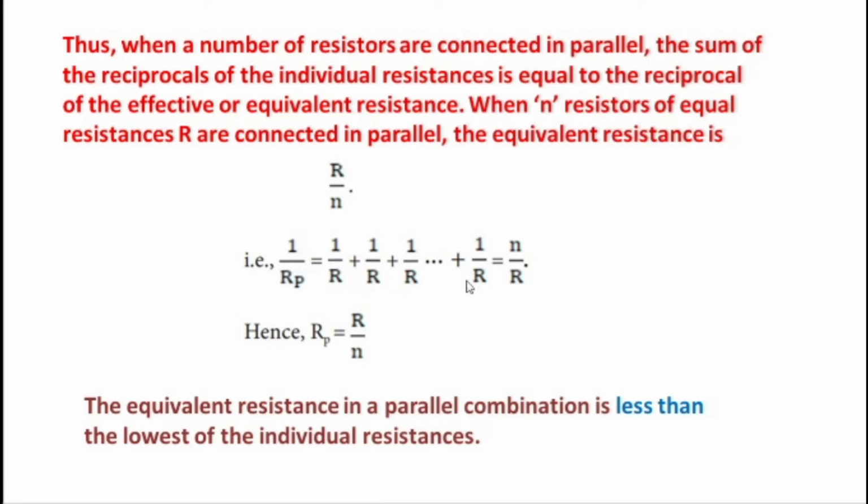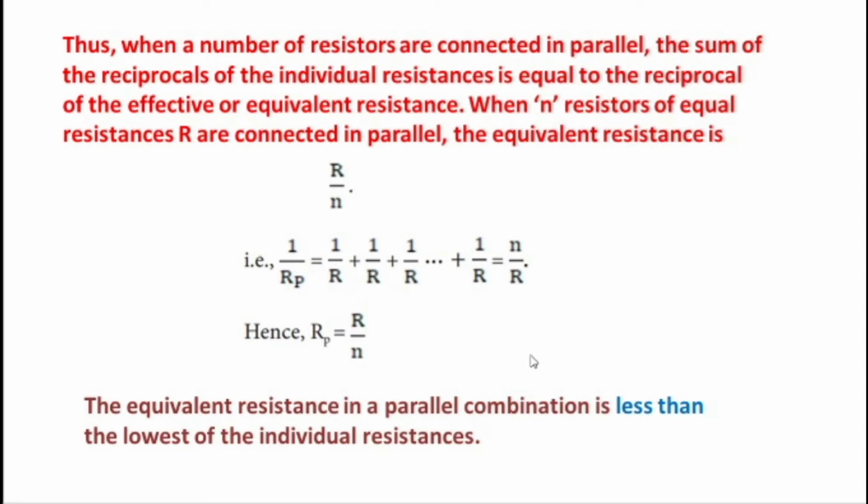Suppose n resistors are connected, it is 1 by R plus 1 by R plus 1 by R. Here R is equal, so we substitute R. That equals n times 1 by R, which is n by R. So 1 by Rp equals n by R. We need Rp, so the reciprocal comes to the numerator, and Rp equals R by n.